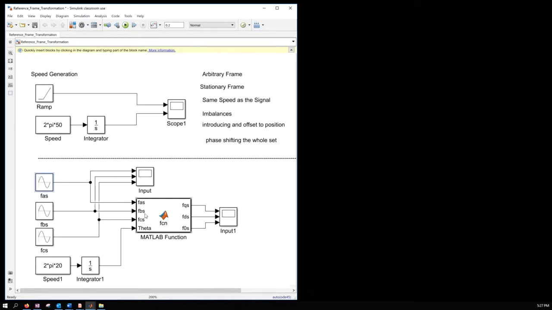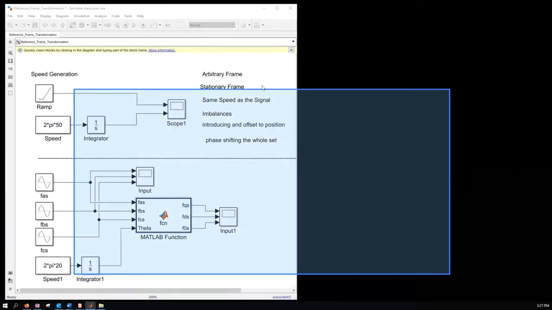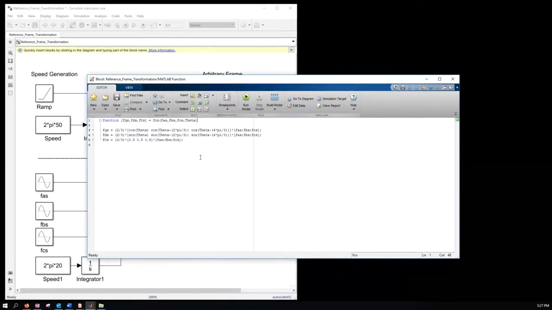Here is the MATLAB function I spoke about last time. Let me open it up and show you what I have inside it. Can you guys see this? Not sure if it's very clear. It's basically a function I have set up which does the transformation for me.